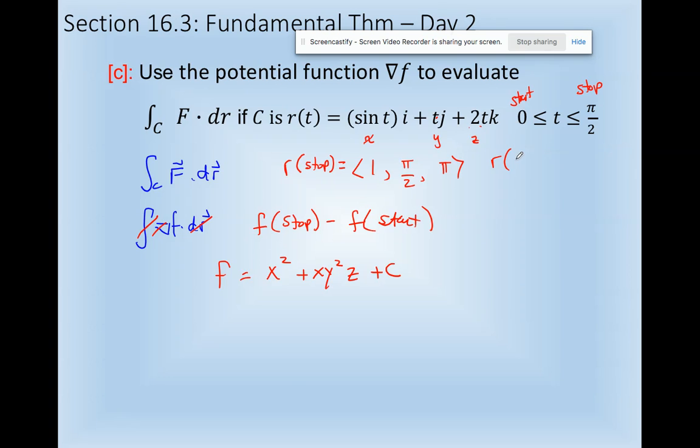And what is r of start? Oh yeah, I love this. 0, 0, 0. So what is f of stop then? This is just going to be a bunch of zeros, right?